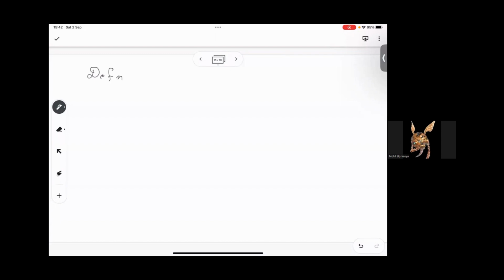So now the definition. Let M be an abelian monoid. No, we don't need abelian. Let M be a monoid. Then K of M is defined using the following universal property.